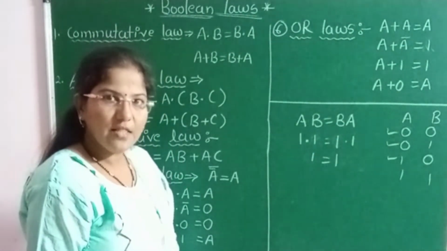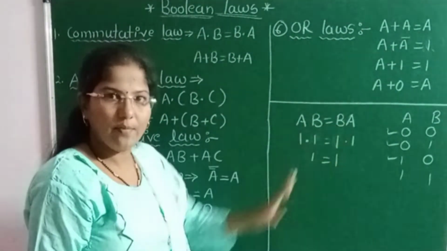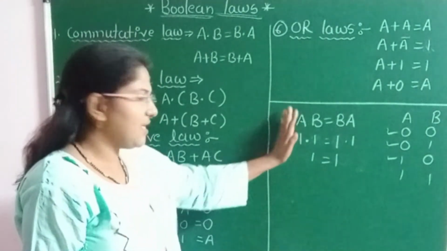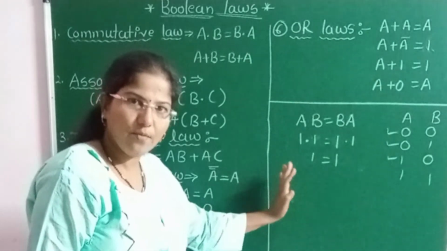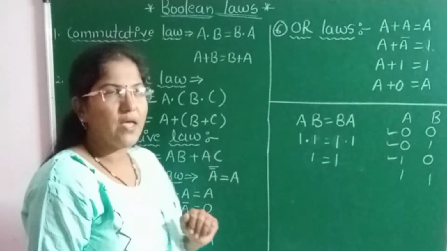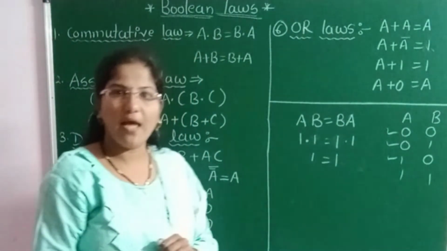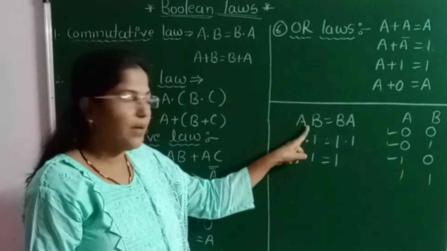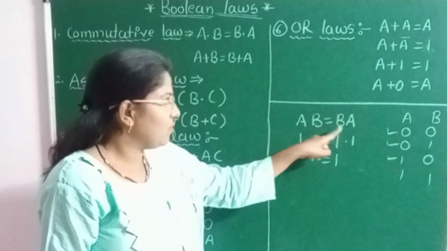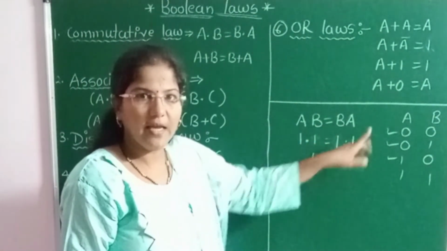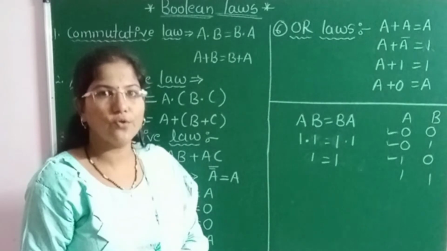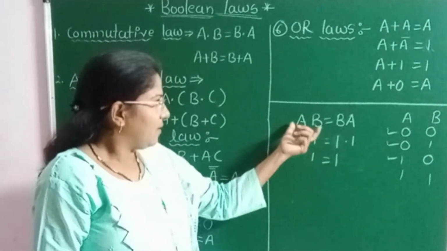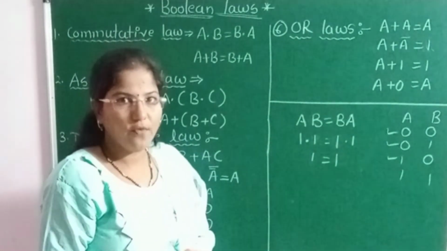Here I have written the Boolean law for only two variables. This is correct for n number of variables; in the same way we can write it for n variables. For example, if I consider the three variables A, B and C, then we can write the commutative law like this: A into B into C equal to C into B into A. It doesn't matter in which order we write the input variables, the result will be the same on both sides.